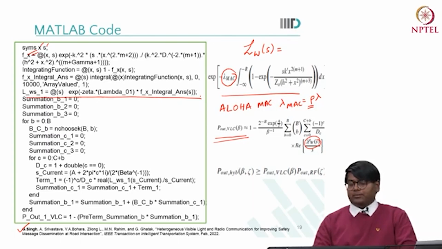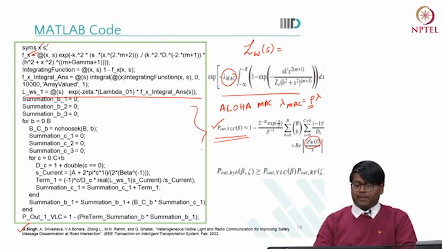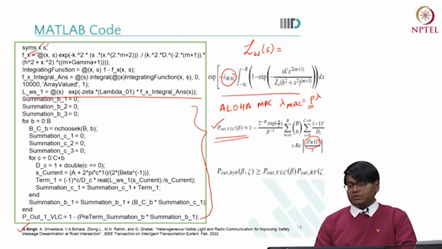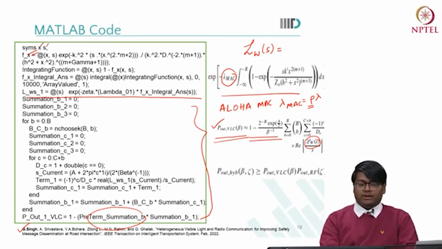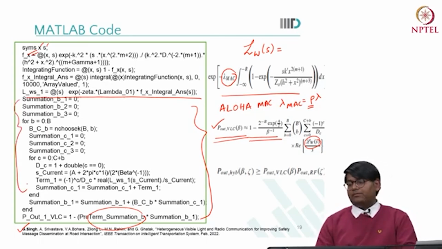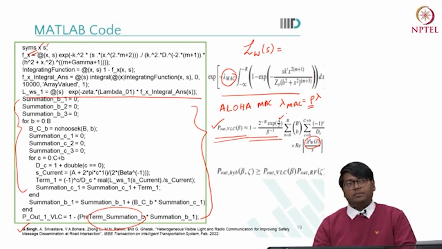Now, to compute this equation of outage probability for VLC numerically, this is a simple MATLAB code. The preterm, preterm summation B, is given by this mathematical form. The rest is implemented over here. We have these parameters, also known as controlling parameters.